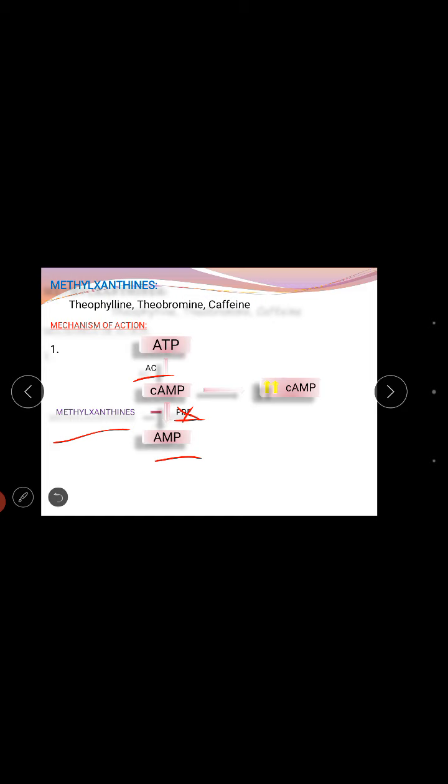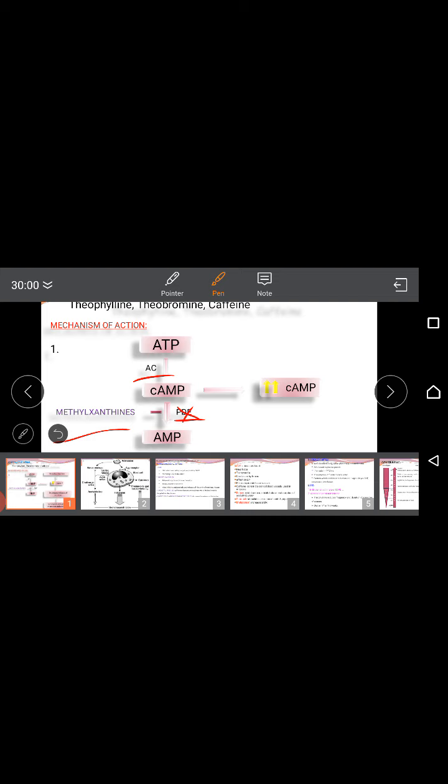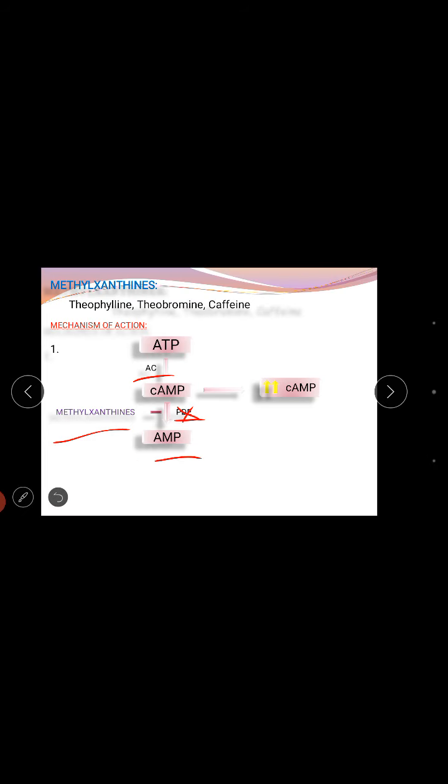ATP gets converted into cyclic AMP. If phosphodiesterase is not available, cyclic AMP will not get converted into AMP, adenosine monophosphate. Then the cyclic AMP level will be more, right? If cyclic AMP level is more, what are the advantages?